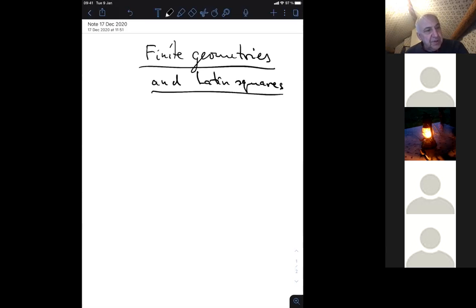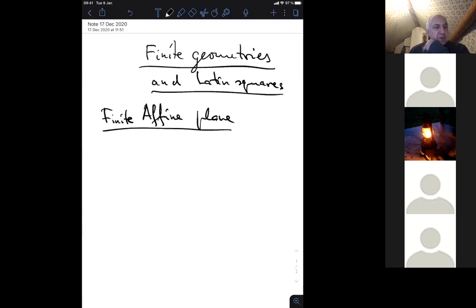I start with the definition of a finite affine plane. So the motivation for this notion comes from the usual plane in Euclidean axioms. We want to mimic, using finitely many points and lines, what we know for the usual plane, and which comes from Euclid.